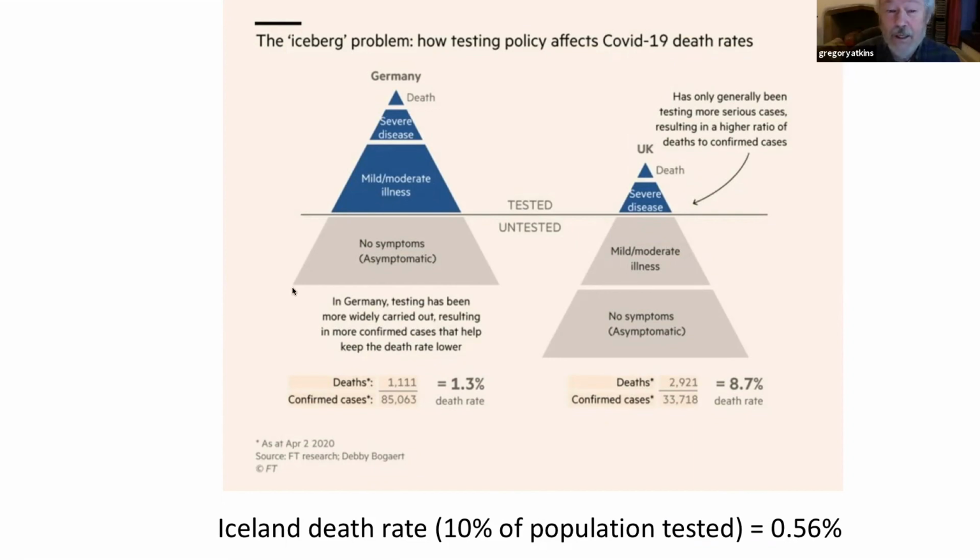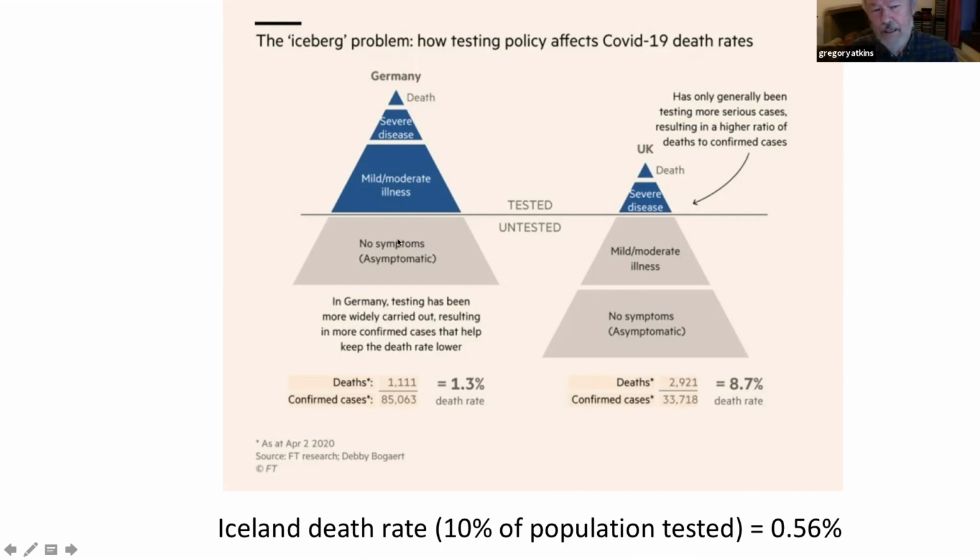And this seems to have been mainly because of the way the testing was done and the way the deaths were counted. In the UK, the only people that were tested, at least at the beginning, and this I gather has changed now, were the ones who had either died or had severe disease. So you've got a high death rate.